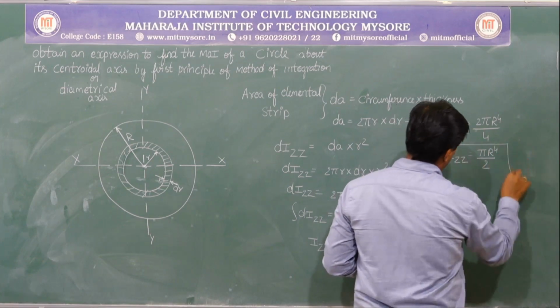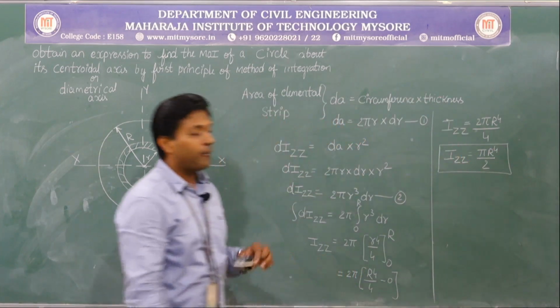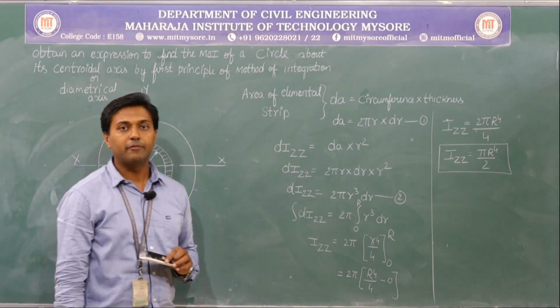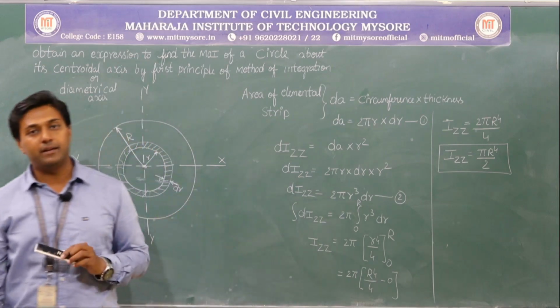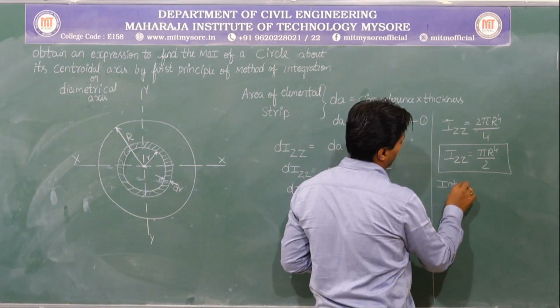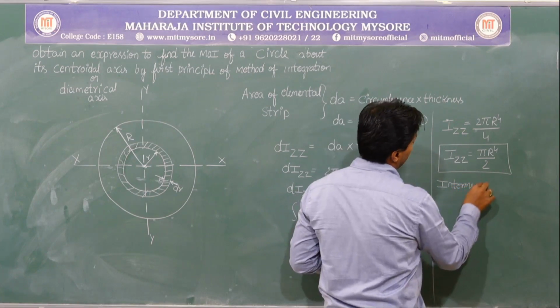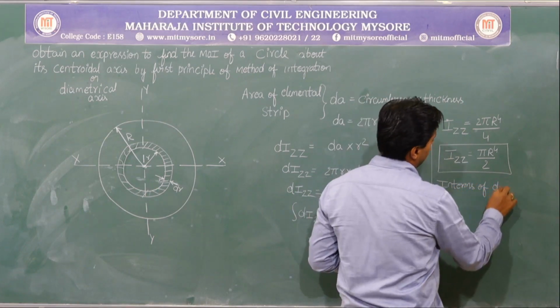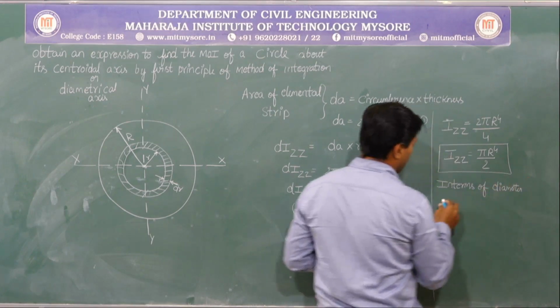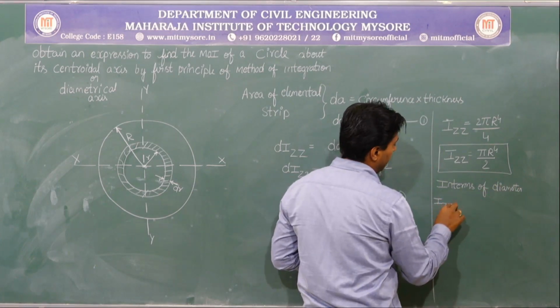Now, if I write the same thing in terms of diameter, what will this Izz become?